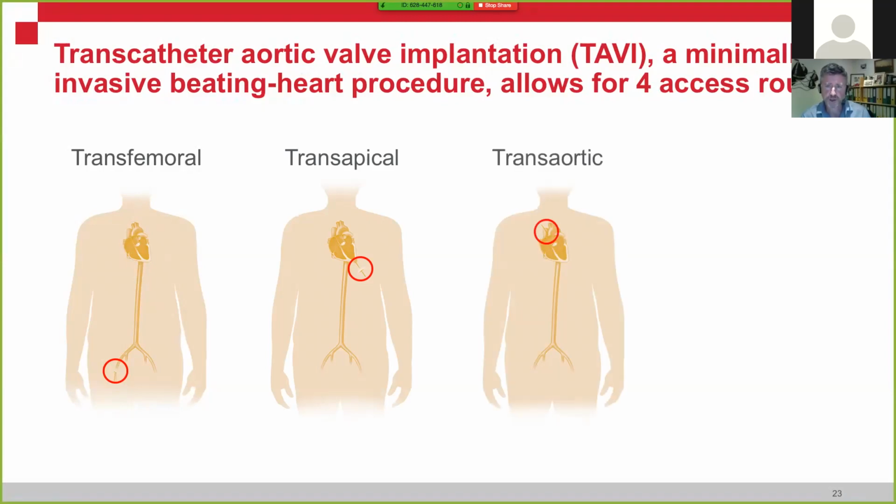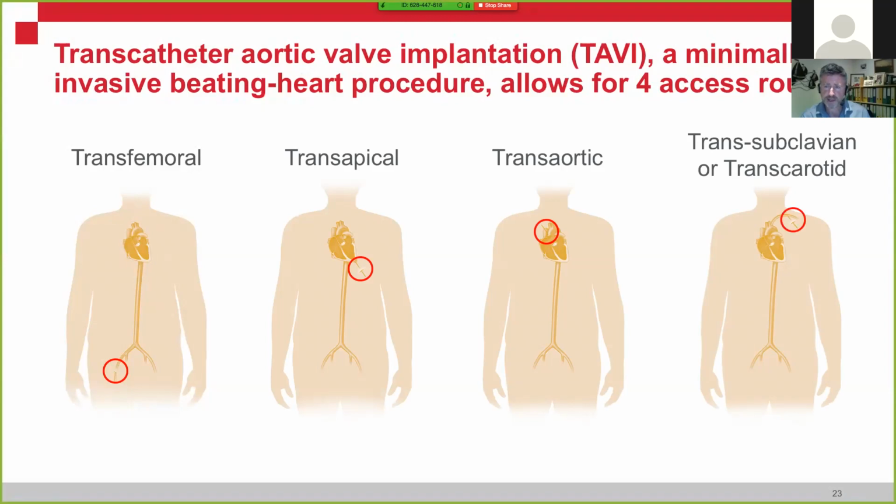Then there's transaortic, and the other one is transsubclavian. All of these access the left side of the heart, i.e. they can get direct access through to the aortic valve. But as I mentioned, if you're counselling patients and talking to them about the procedure, the majority will probably be either transfemoral or transapical.